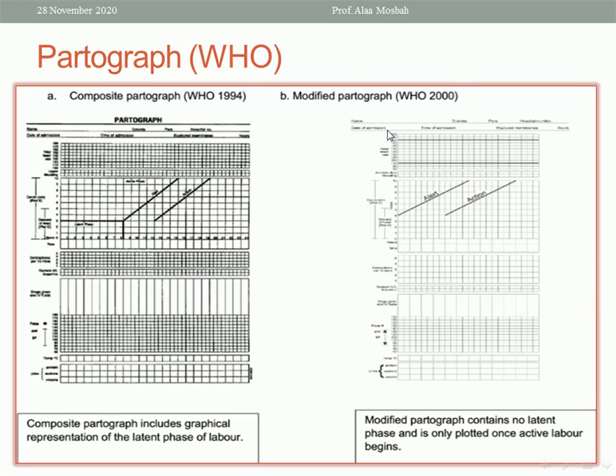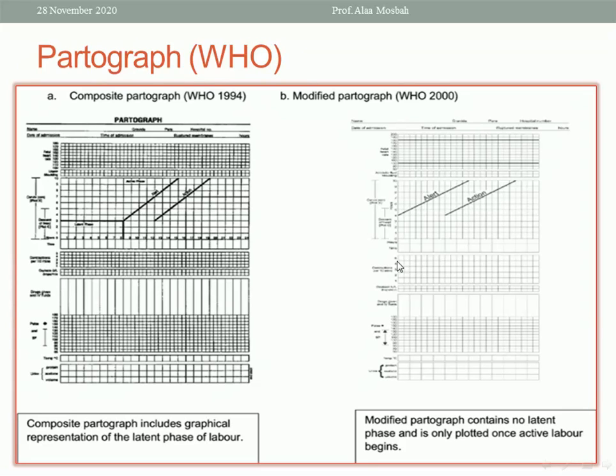Of course, the modified Partograph proved to be more effective and more efficient, reduced maternal and fetal morbidity more, and decreased the rate of cesarean section. All these are advantages of the modified Partograph over the composite Partograph.